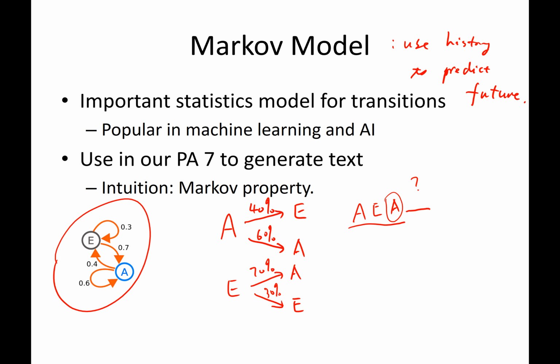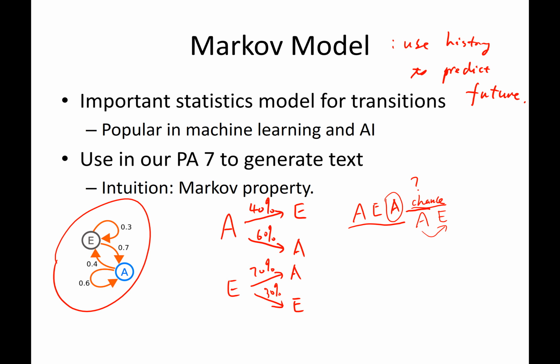If that value is less than 0.6, you stay in A. If it is not less than 0.6, you go to E. So there is some chance involved for the next state, and you just repeat this process. For example, I may end up with A just due to chance, and then the next I may end up with E, because it is possible to go from A to E, although the probability is slightly smaller.